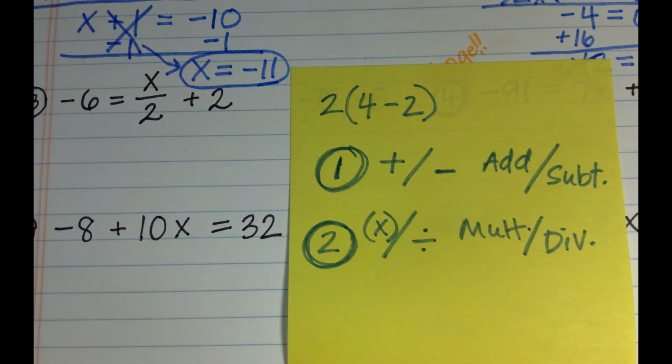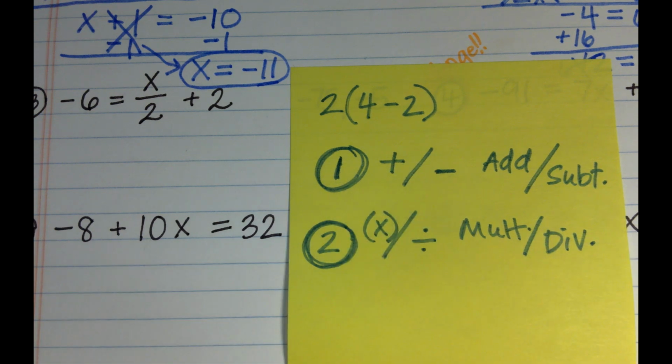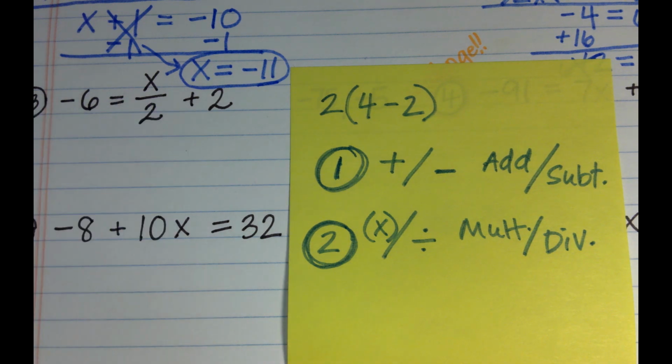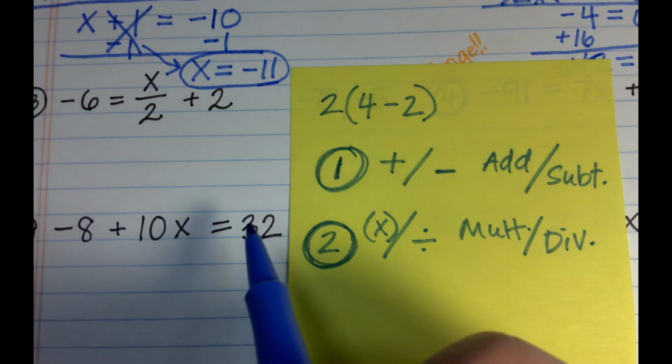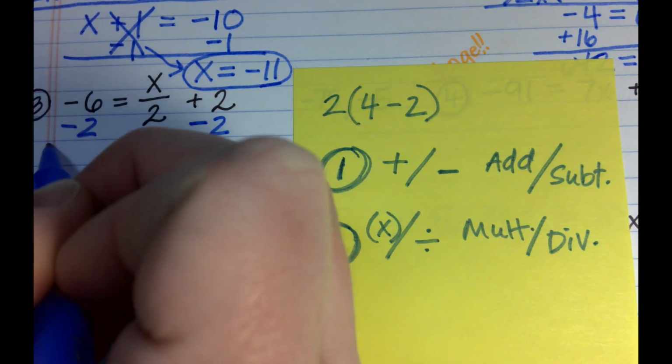So we're doing it in the opposite order that we're used to. We're going to subtract 2 from both sides first. And is everybody okay with that? So minus 2, minus 2.